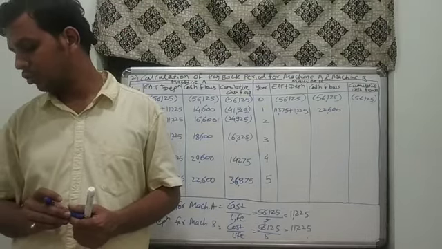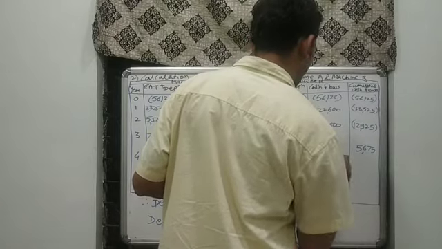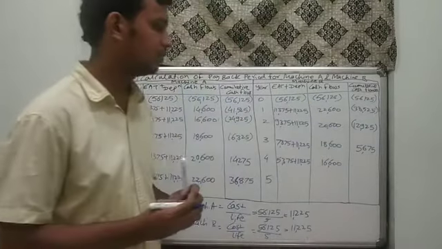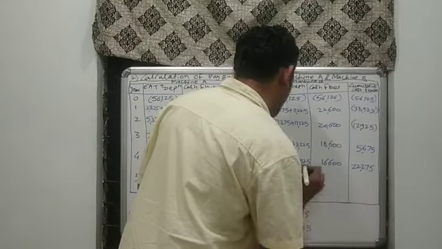Then for the fourth year, 5,375 plus 11,225, that is 16,600, plus 5,675, that is 22,275. Then for the fifth year our cash inflow was 3,375 plus depreciation 11,225.